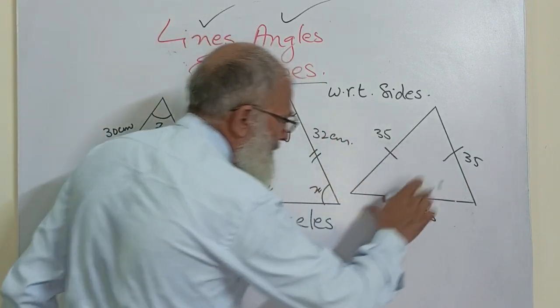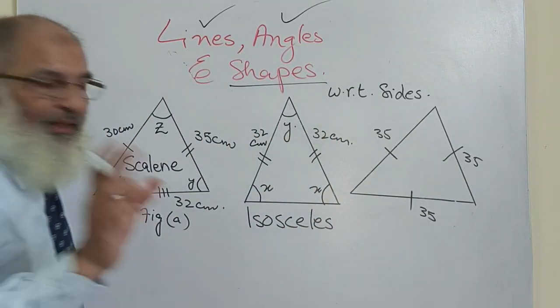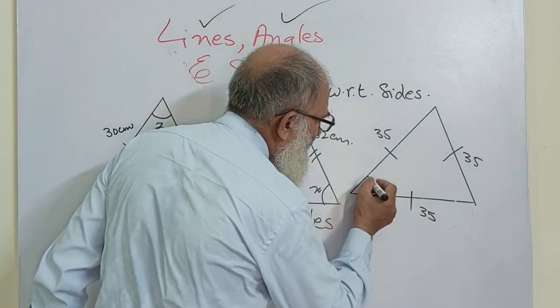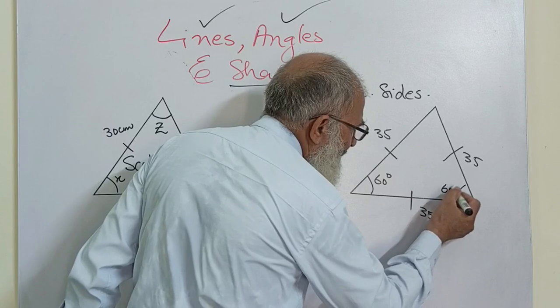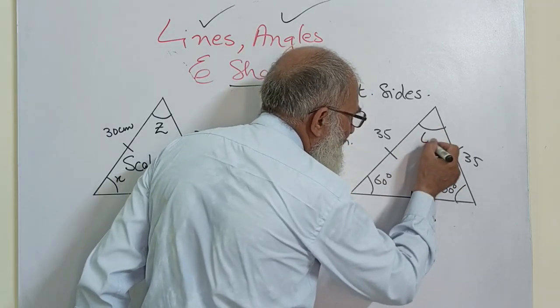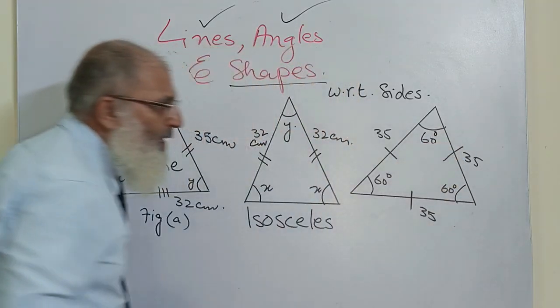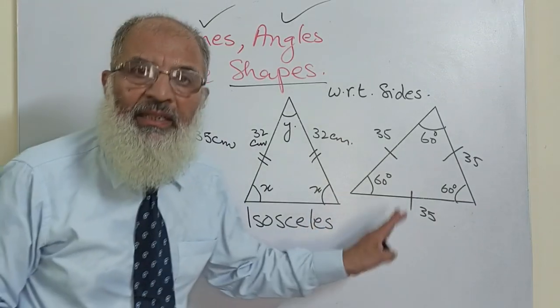When this happens to a triangle, then their angles are always 60 degrees. They are not only equal, but they are only and only 60 degrees.